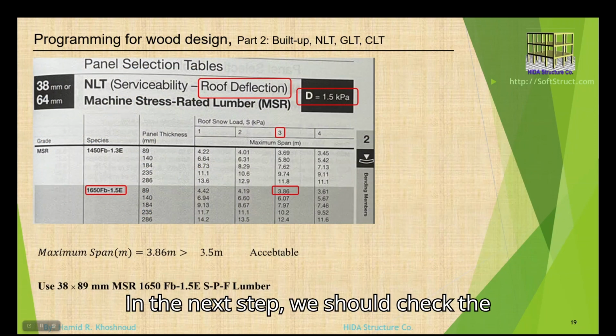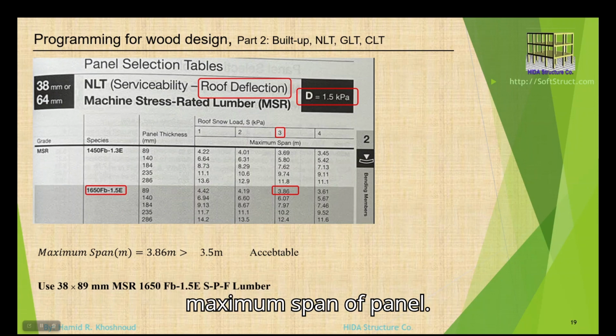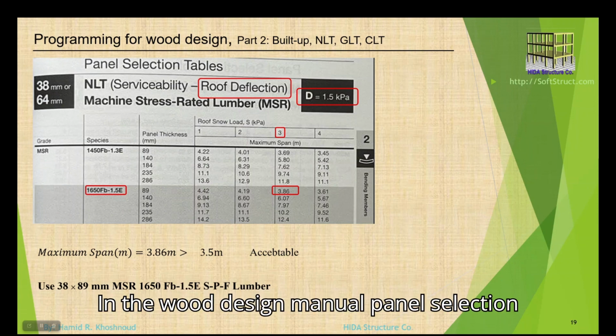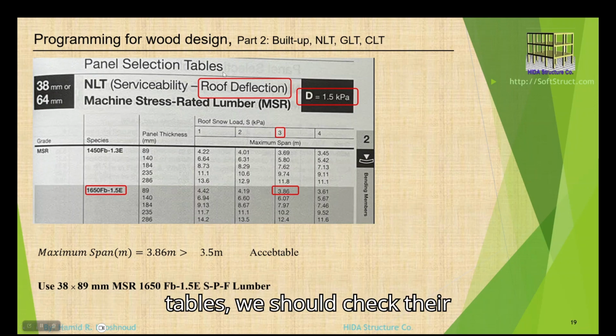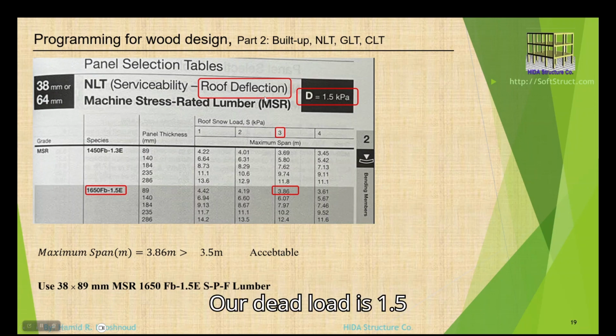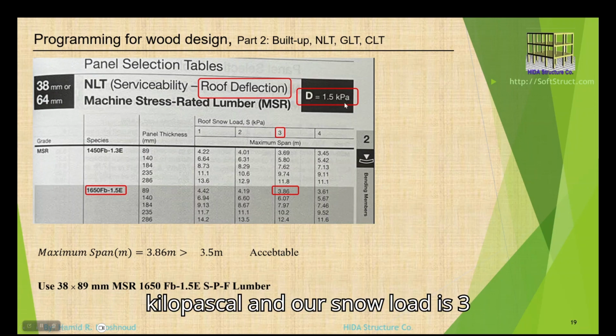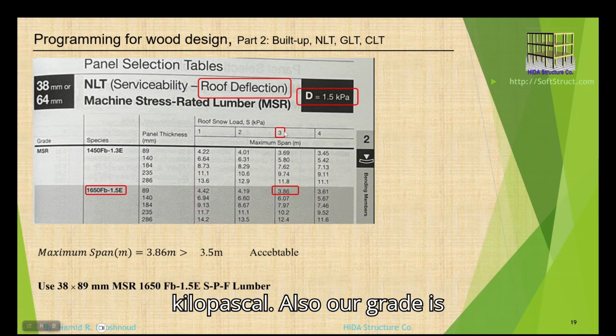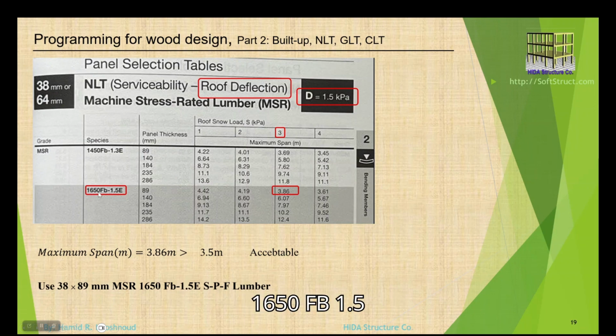In the next step, we should check the maximum span of panel. In the Wood Design Manual panel selection tables, we should check the serviceability roof deflection part. Our dead load is 1.5 kilopascal and our snow load is 3 kilopascal. Also, our grade is MSR and the species is 1650 FB 1.5E.